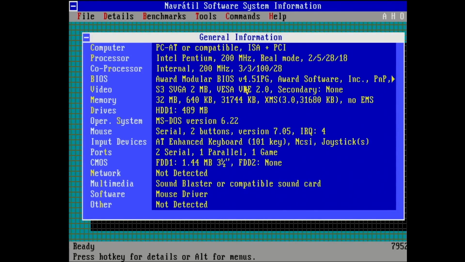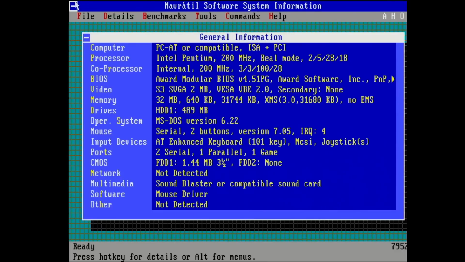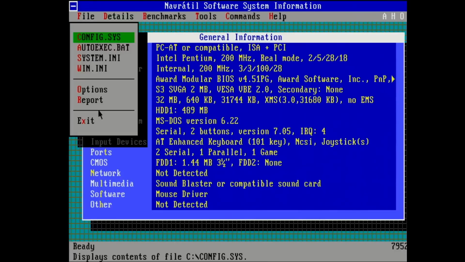Also, this tool detects it correctly. A VESA VBE version 2.0, and we also get the universal VESA VBE 6.7. This is again the application version. So yeah, just by running this small application, we got our graphics card upgraded to VBE 2.0.